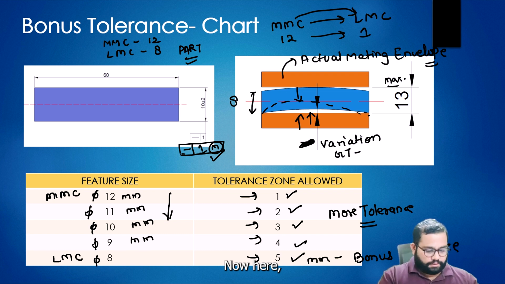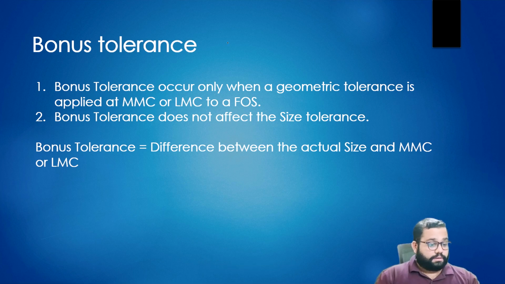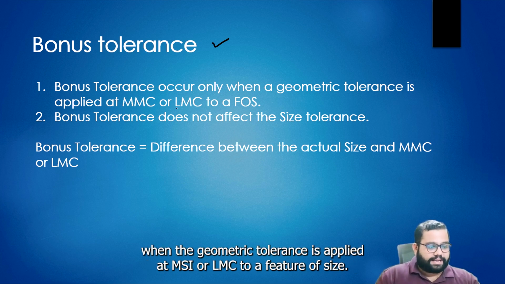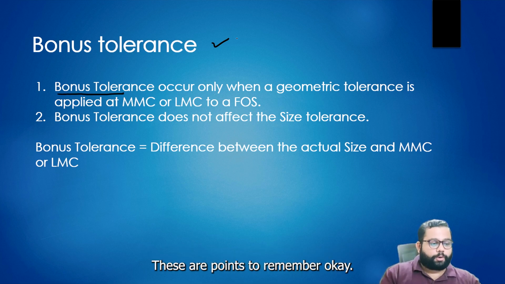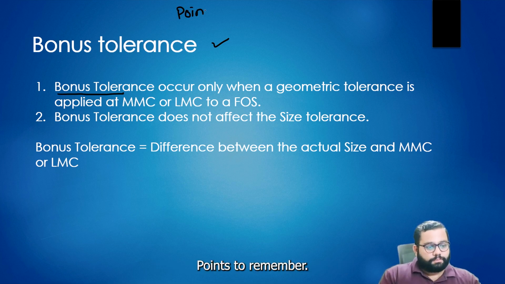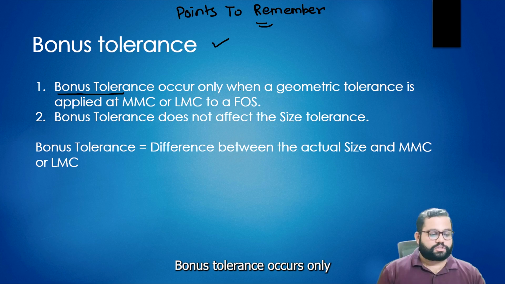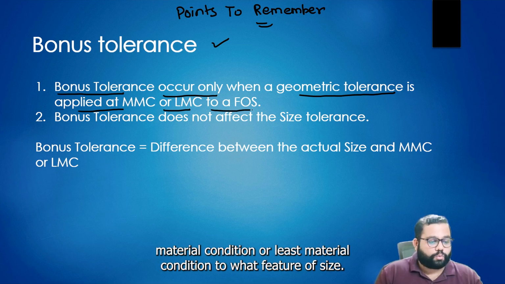Now, there are some points to remember. Bonus tolerance occurs only when the geometric tolerance is applied at maximum material condition or least material condition to a feature of size.